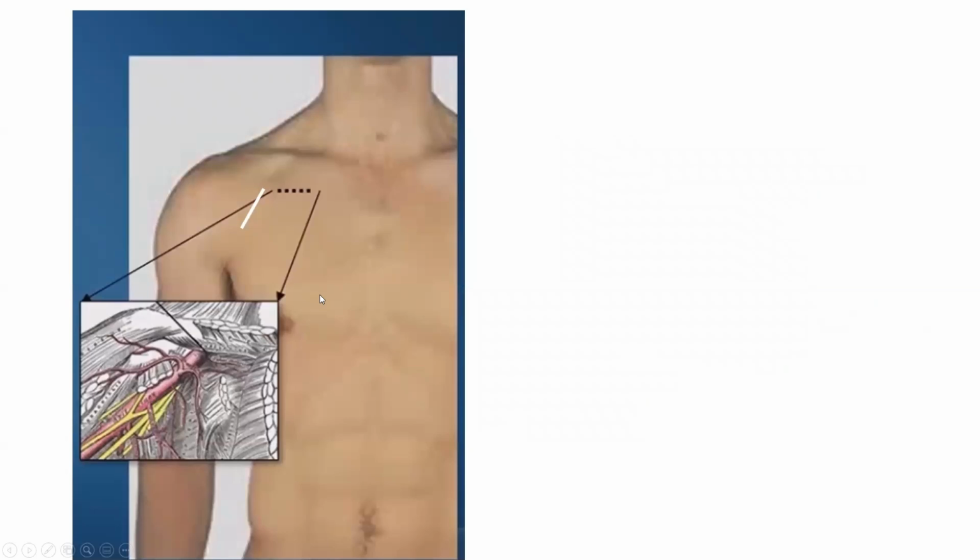Here is where we stick at the skin level. Some people think that when we stick the axillary artery, we're sticking in the axilla, behind the pectoral muscle. No, we're sticking the chest anteriorly, typically below the middle third of the clavicle, but definitely on the inside of the deltopectoral groove.